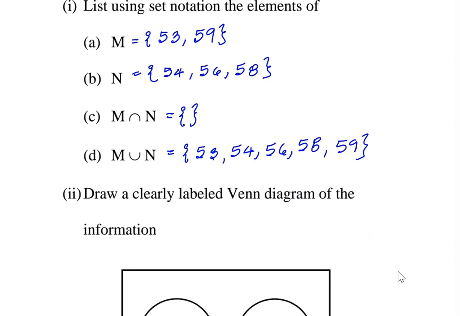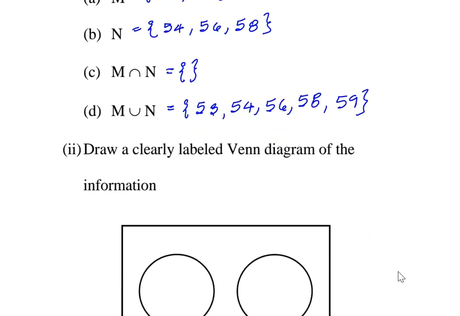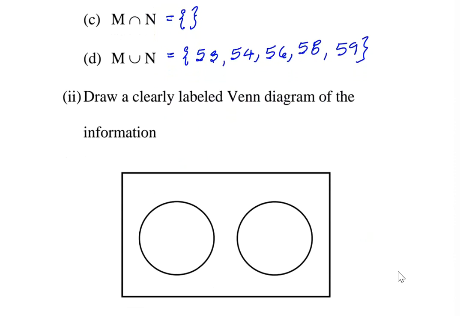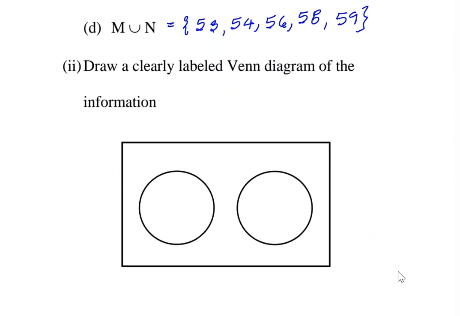Next we are asked to draw a clearly labeled Venn diagram of the information. So here is U, our universal set. There is M, which is the set of prime numbers, and there is N, which are the even numbers.